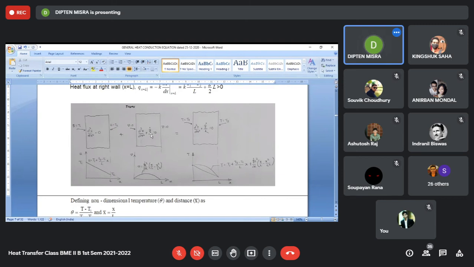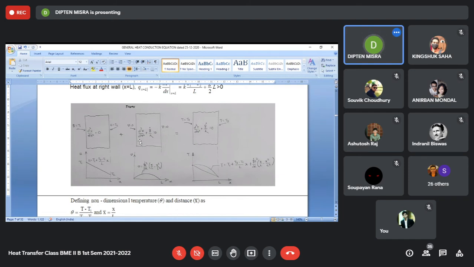Because G dot is the rate of heat generation per unit volume, and if that is constant over the entire volume, then the rate of heat generation over the total volume will be equal to G dot into V, where V is the volume of this wall given by L into H into W. So G dot into V is the heat generation, and out of that, G dot into V by 2 will come out through this, and G dot into V by 2 will come out through this. So half of the heat which is generated inside the wall will come out through this side, and half through the other.